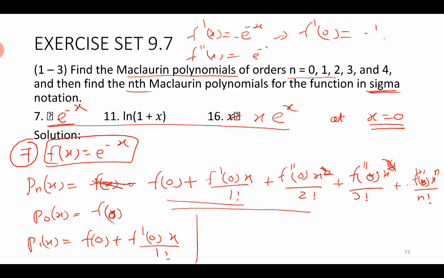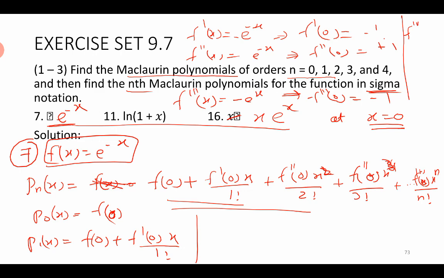Again, e raised to minus x with positive sign. So the second derivative at 0 is positive 1. This way, try the third derivative. I'm writing here: the third derivative of the function is negative e power minus x. So you get the third derivative at 0 is negative 1. Similarly, you will find the fourth derivative at 0 is positive 1. Fifth, we don't want the fifth derivative, isn't it? We have to find up to fourth order.